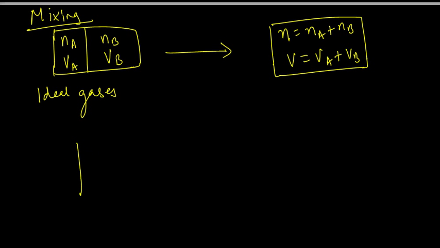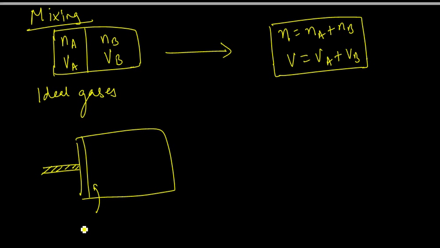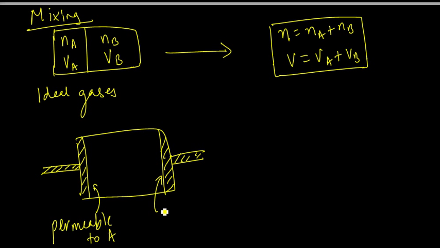So what you do is then take this box and put a piston over here. Just a moment. So this piston is permeable to gas A only, and another piston over here, this fellow is permeable to gas B only.